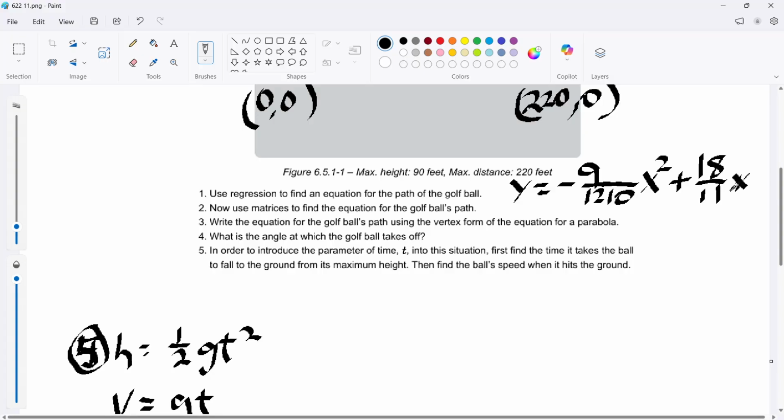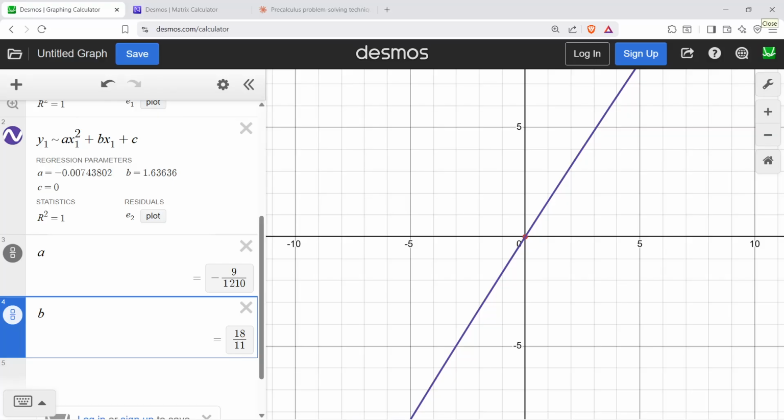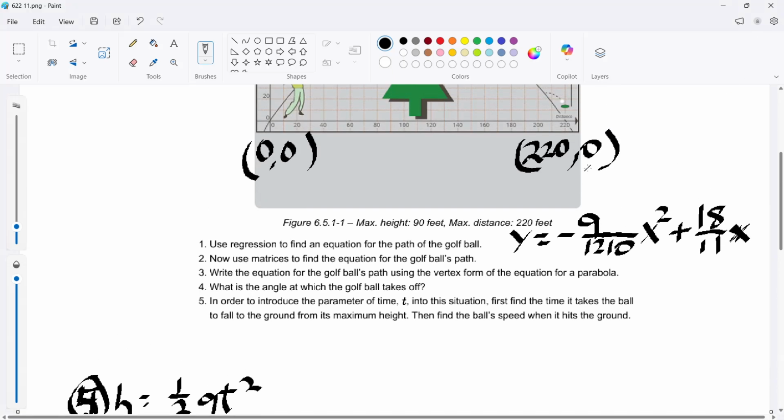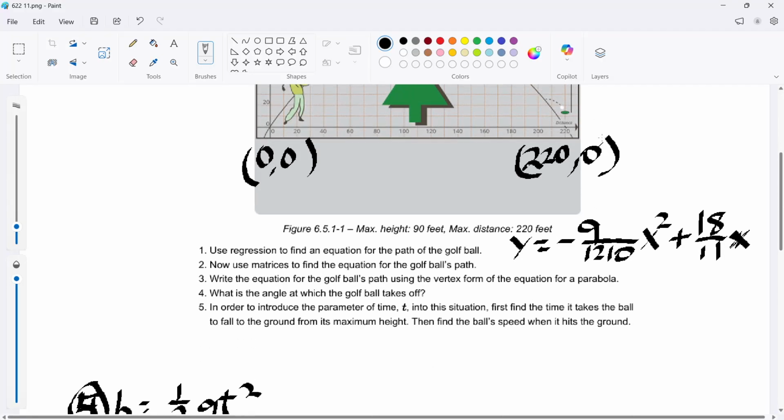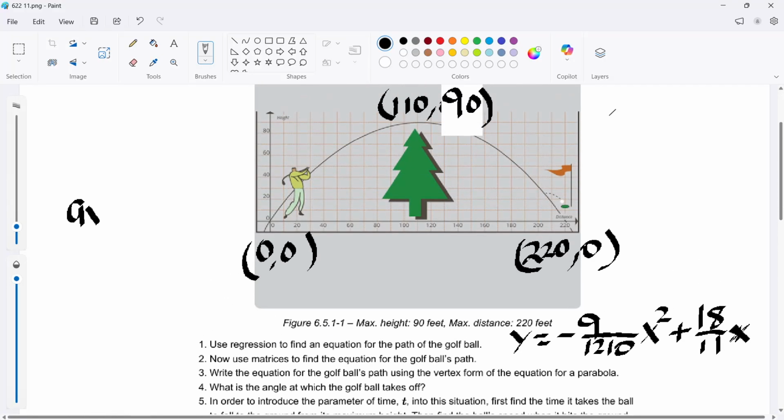And as you can see, it shows that c is equal to 0, which makes sense, because at 0, 0, x is 0, y is 0. Remember, it's ax squared plus bx plus c equals y.